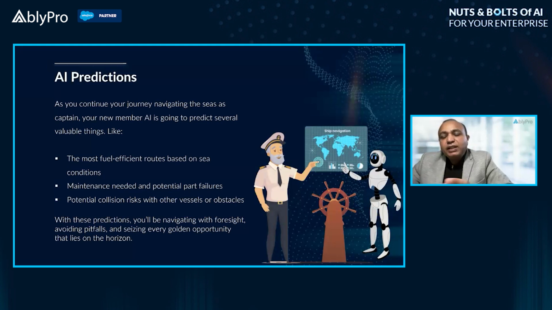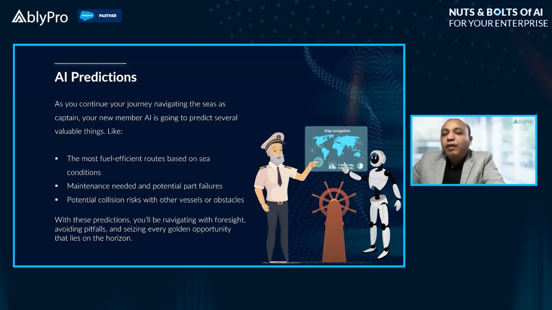So these are the kind of predictions AI is going to give you. It is going to tell you, this is the route which is most fuel efficient. These are the parts which I think you should get changed because they have not been serviced for a long time. You should avoid these routes because there are certain other vehicles or vessels who are actually coming there. So it's going to just predict what things you should be doing to avoid pitfalls. Okay.